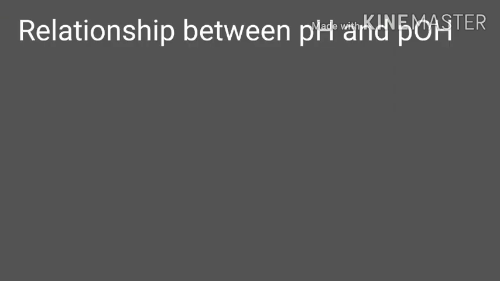Now let us study the relationship between pH and pOH. We know that the ionic product of water is written as Kw is equal to the molar concentration of H3O+, that is the hydronium ion, times the molar concentration of OH- ions, that is the hydroxyl ions.